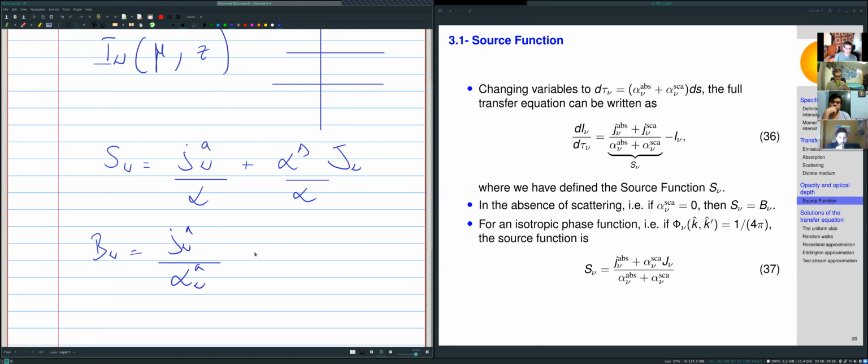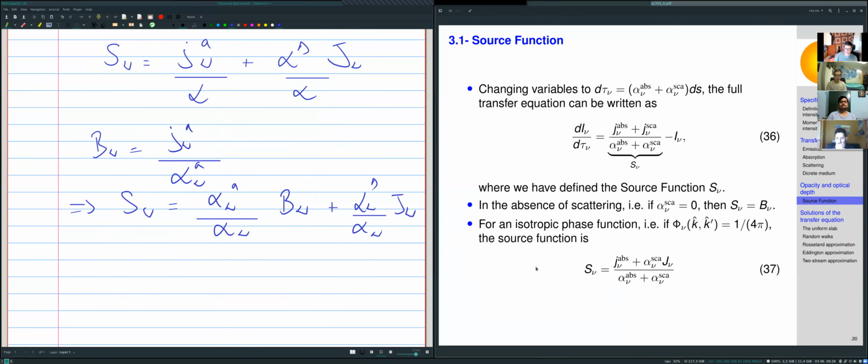So I can write S nu as alpha nu absorption divided by alpha total times the Planck function, plus alpha nu scattering divided by alpha nu total times J nu.